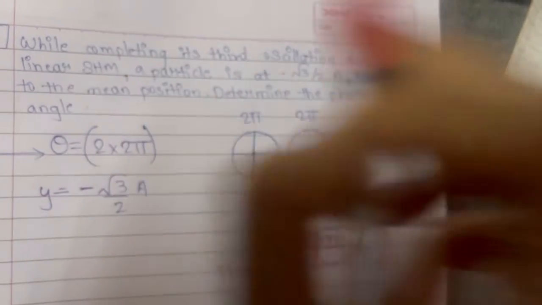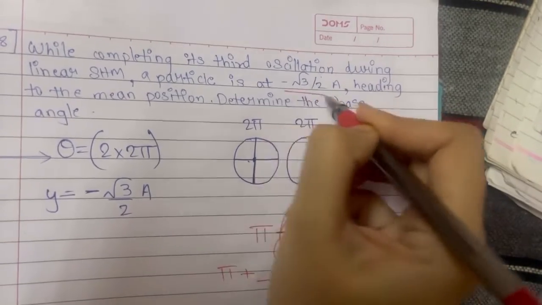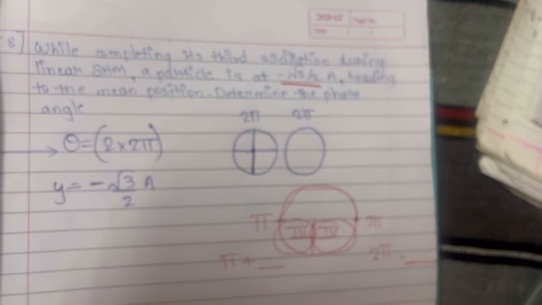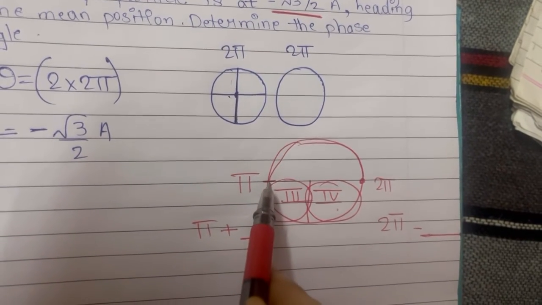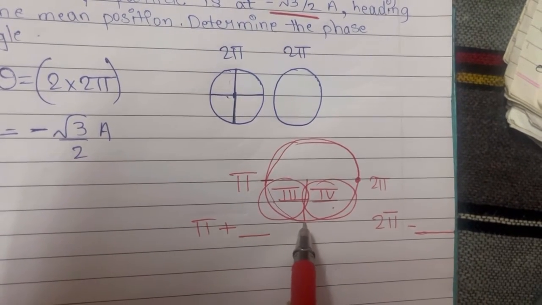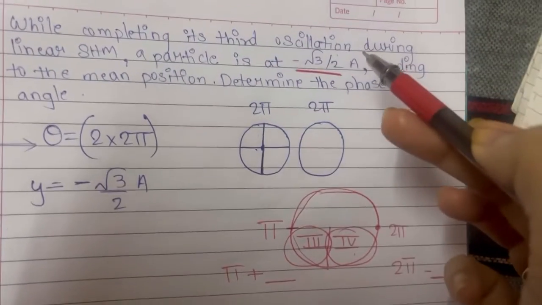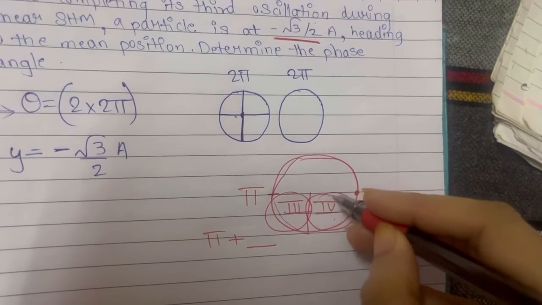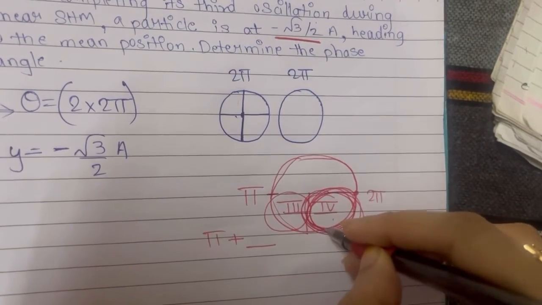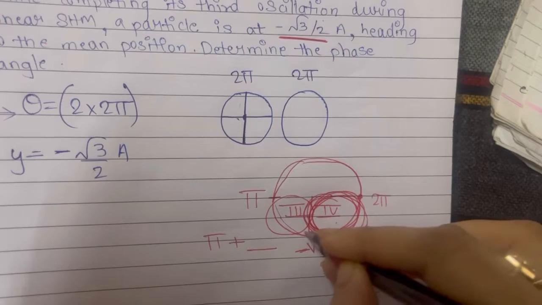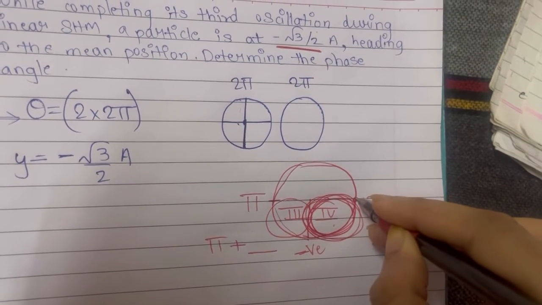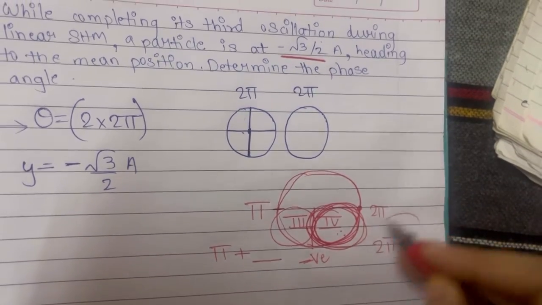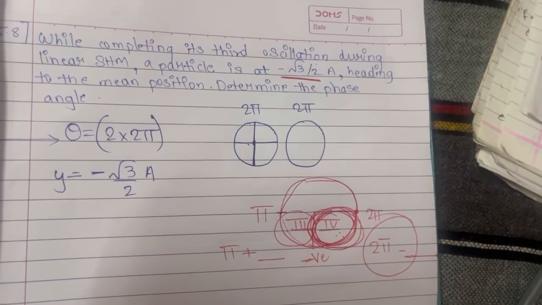Heading to the mean position, the particle is at this location and it is moving towards the mean position. So if the particle is crossing pi, then it will head towards the negative extreme. And here in the question it is mentioned the particle is heading towards the mean. So of course the particle is in the fourth quadrant, meaning it is moving from the negative extreme and it is going towards the mean position, meaning somewhere the particle is in the fourth quadrant, so this is perfect.